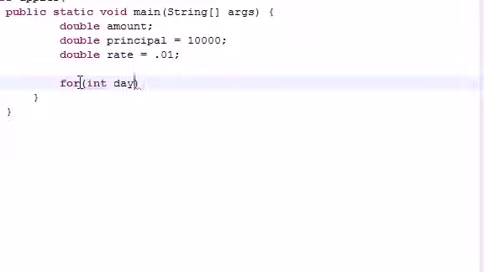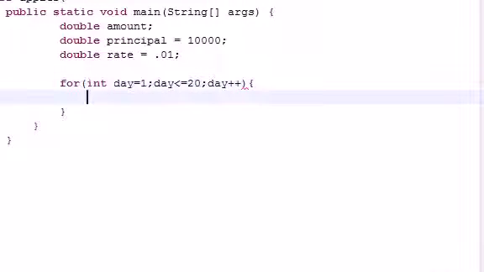Int day, we want to start with the first day, and we want to go to day 20. We can go to whatever we want. Just put less than or equal to 20, and day plus plus. All this says is start on day 1 and give me all the information from day 1 to day 20.